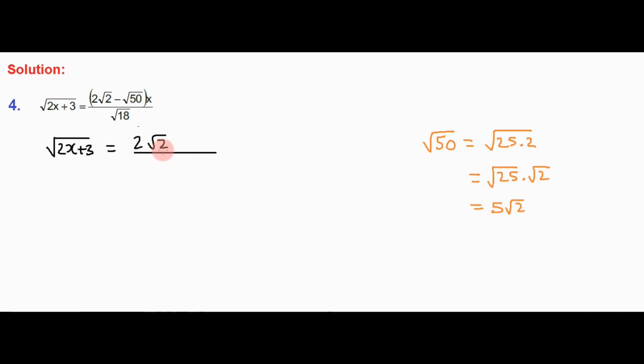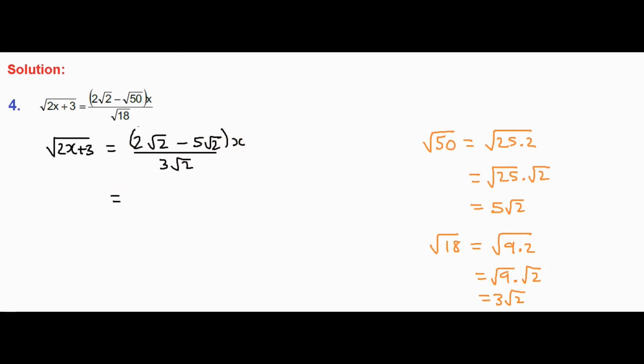So we have 2 root 2 minus 5 root 2 in the numerator, and in the denominator the square root of 18 we can write as the square root of 9 times 2, which is the square root of 9 times the square root of 2, and this equals 3 root 2. So that's in the denominator. And we also still have an x.